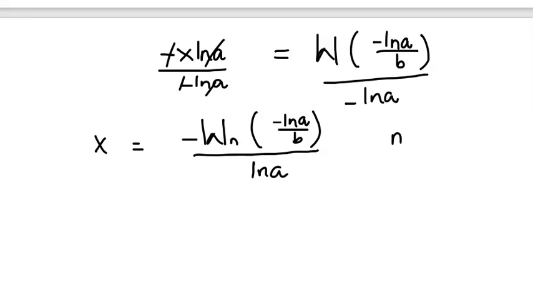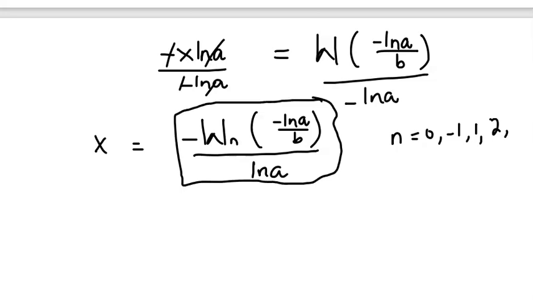So the subscripts can be 0, it can be -1, it can be 1, it can be 2. These are just the branch cuts, and most times the zeroth and the negative branch cuts give us some real solutions. Others may give us complex solutions. Okay, so this is the general solution.